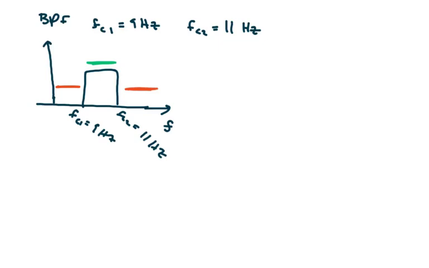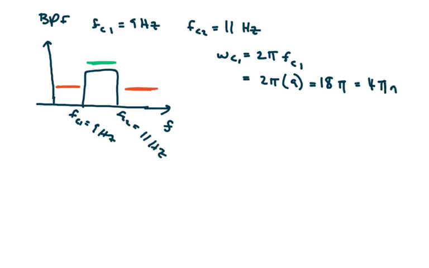If we again pay attention to our omega c, it's 2 pi fc1. So when that is 9 hertz, we're at 18 pi. And remember that our omega was 4 pi n, so n equals 4.5.